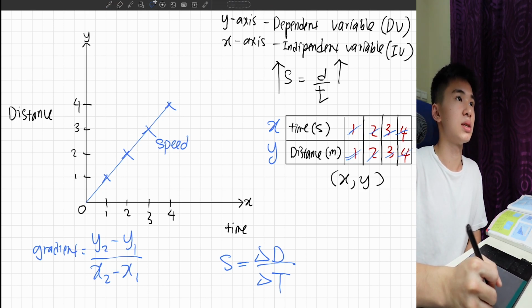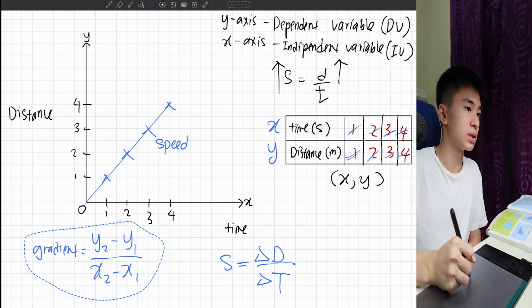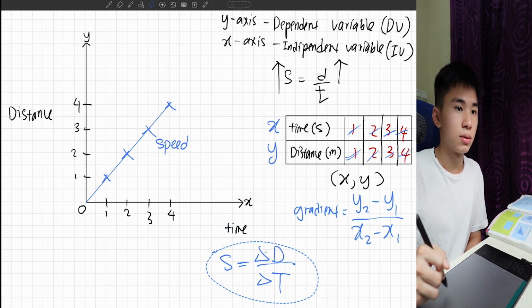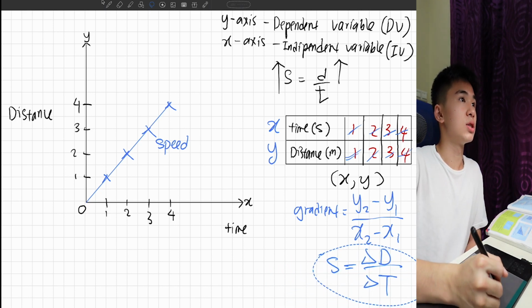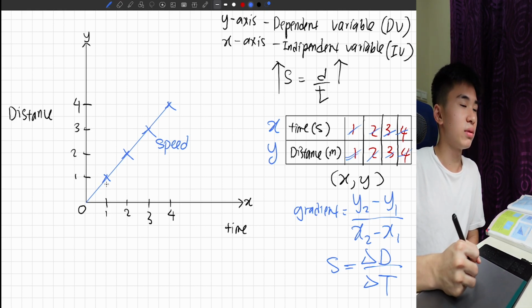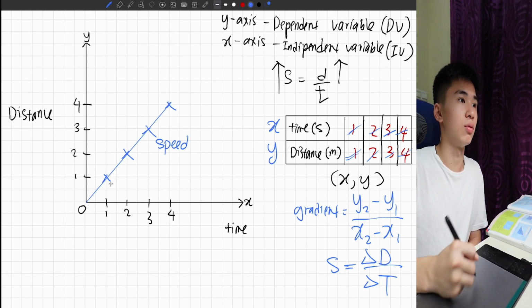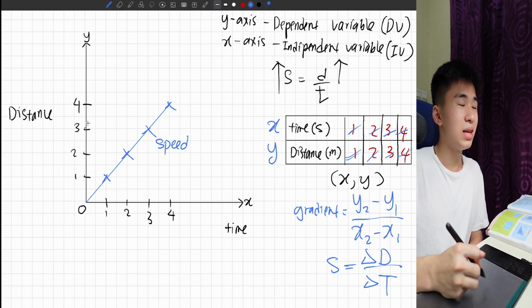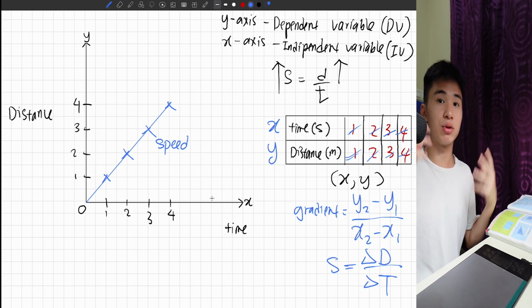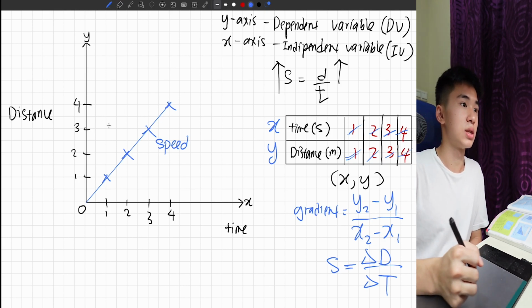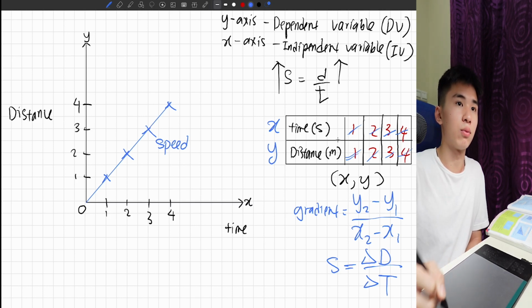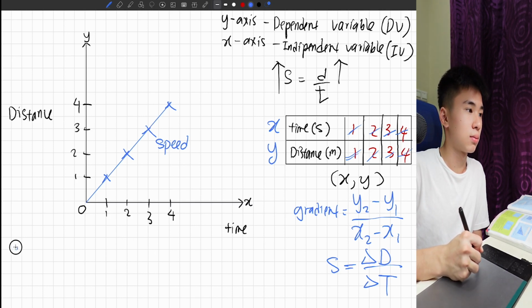So let me just put this aside first. I might want to draw something afterwards. Again, we have distance and time, and we will find the speed. Let me prove it to you. This whole graph, the gradient is going to be the same, and the speed is going to be the same as well. So let us do this first.